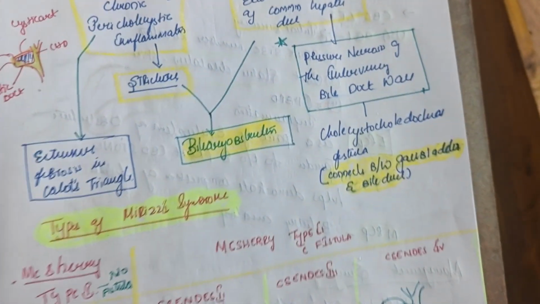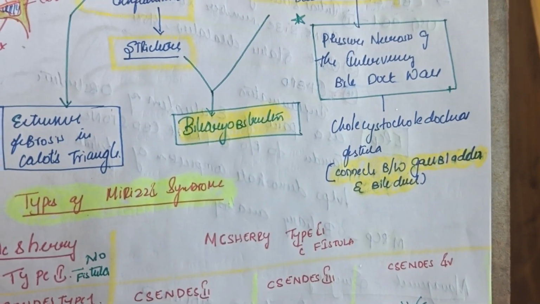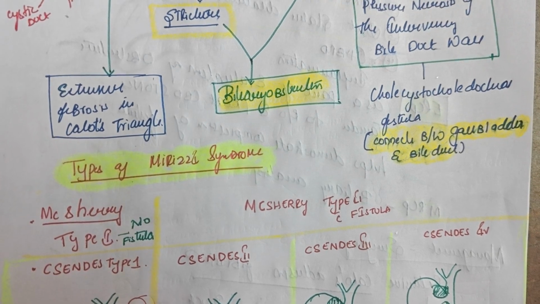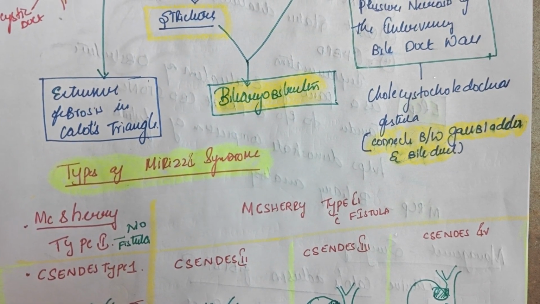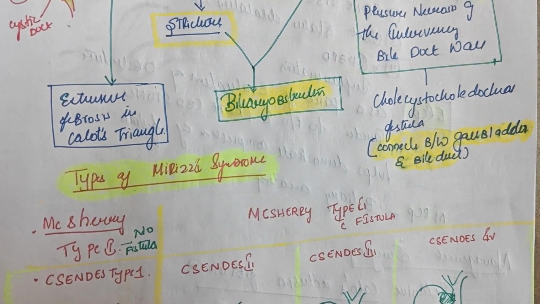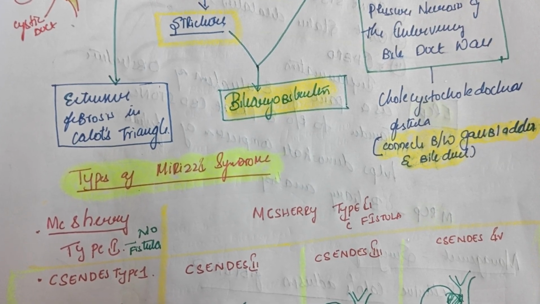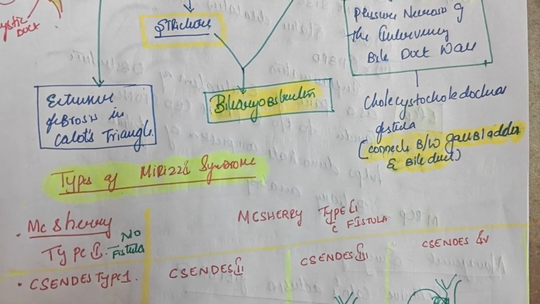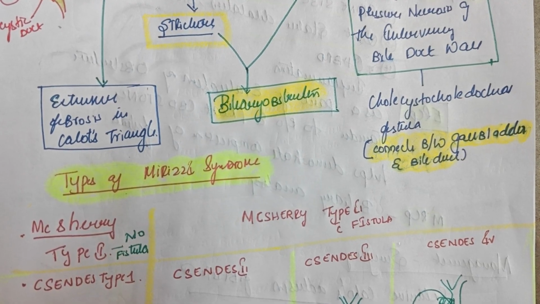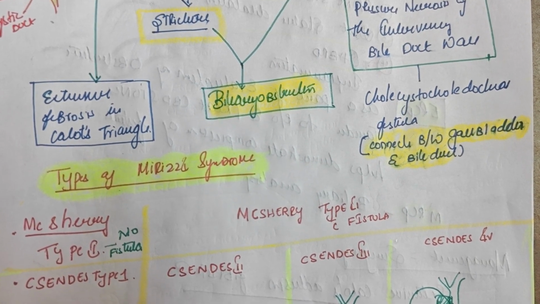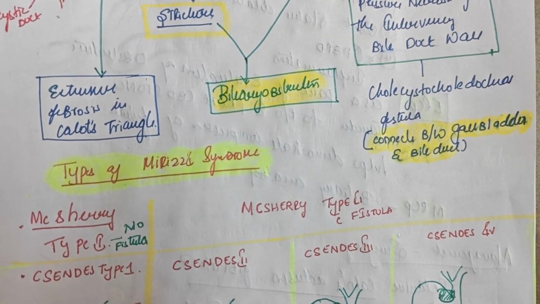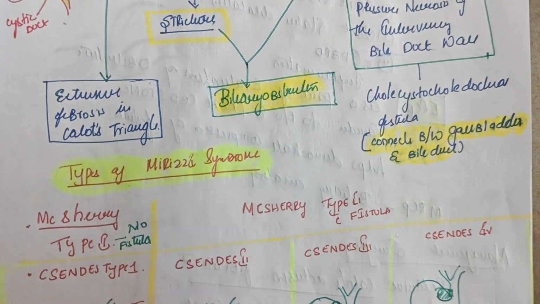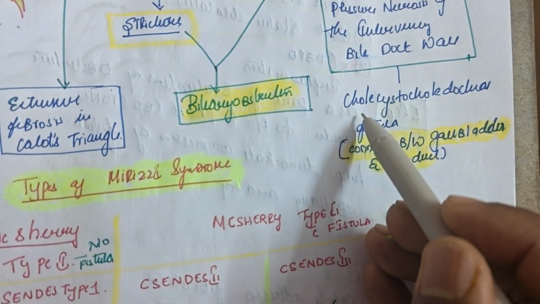Now, if there is necrosis here, what happens? There is a fistula between the gallbladder and the bile duct. We call that a cholecystocholedochal fistula. What do you mean by that?